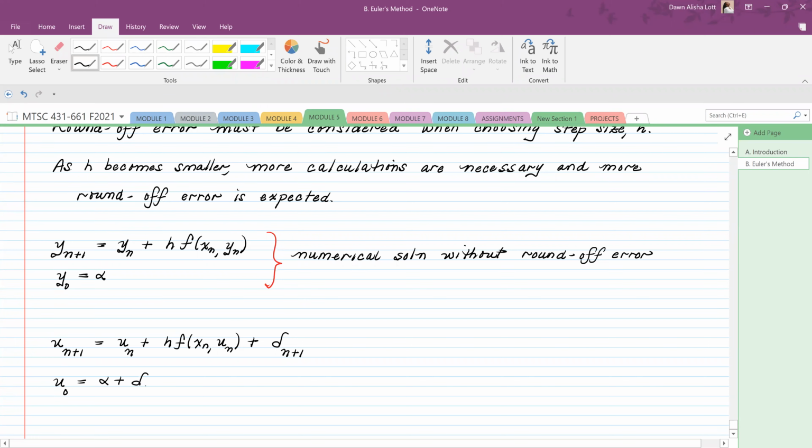So I round it. So now if I want my y naught to be 5, then my u naught is going to be simply 5. But if my alpha turns out to be something like the square root of 3, then obviously I'm going to have round off error when I move to the second problem, because I'm going to truncate the square root of 3 in order to approximate it. So this is the numerical solution with round off error.